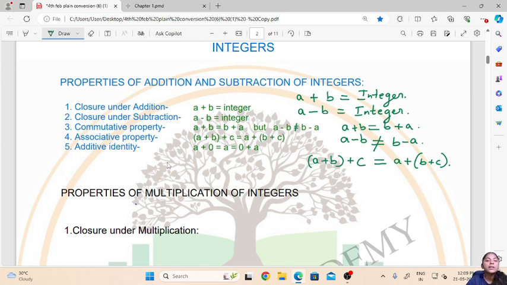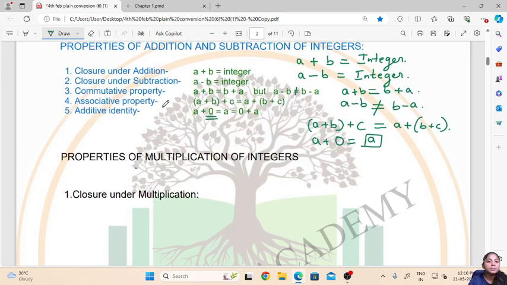The last property that we saw was additive identity, that is 0. Any integer a plus 0 always gives us the integer itself. Thus 0 is called the additive identity of the integers.